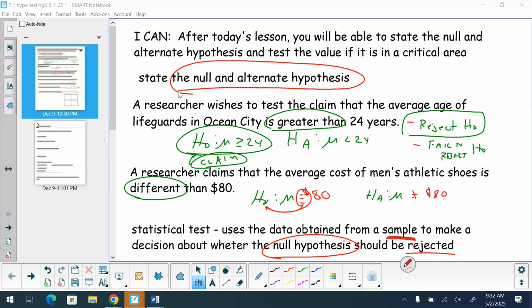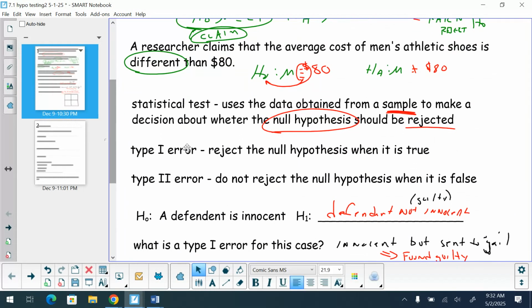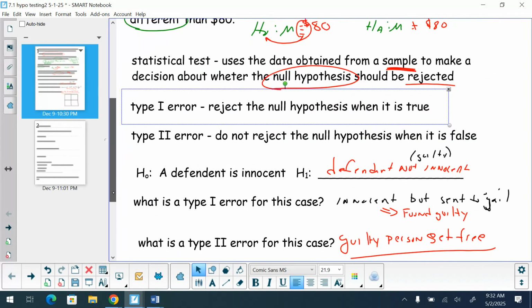So the null and alternate hypothesis that you've developed for that, if you haven't done it, you should be doing it in regards to completing this, because as we go through, you'll utilize that information to be able to solve problems, to do the actual hypothesis testing. Again, it's a statistical test. We had type 1, type 2 error we talked about yesterday.